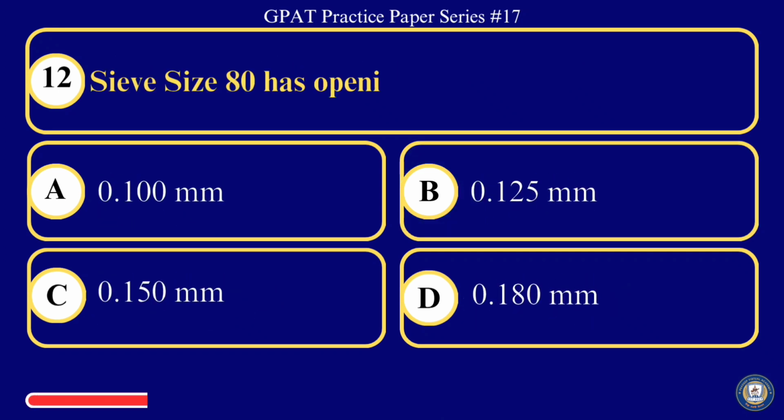Question number 12. Sieve size 80 has opening of, your options are A. 0.100 millimeter, B. 0.125 millimeter, C. 0.150 millimeter, D. 0.180 millimeter.